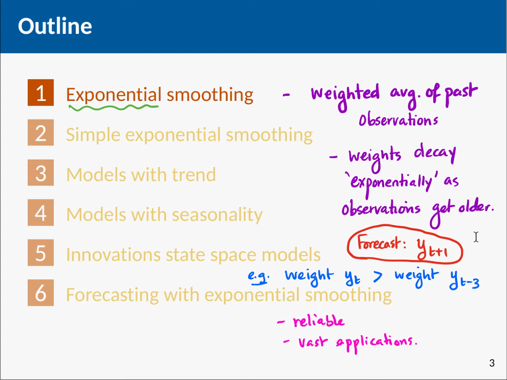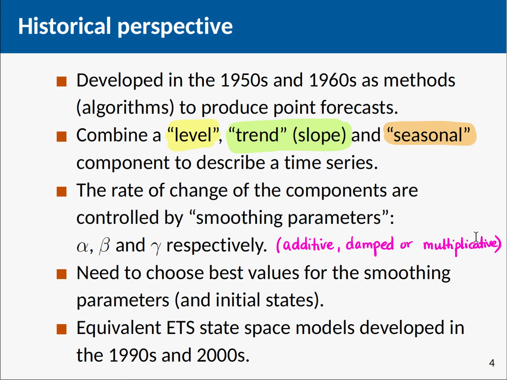Okay, so again, these are really reliable methods and have vast applications. Now, these have been around since the 1950s and 60s to produce point forecasts, right? So we're not talking about distributions at all, or the uncertainty associated with the point forecast that we produce, but there have been methods that have been around just to produce point forecasts.